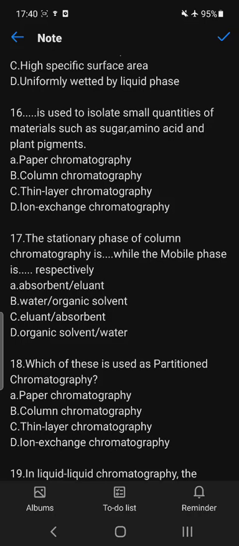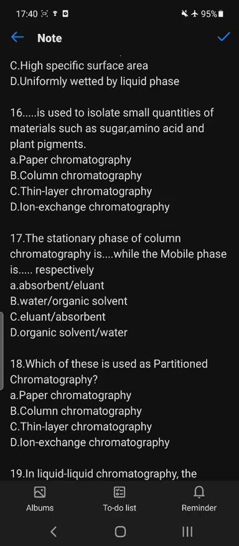Sugar is there, starch is there, activated alumina is there, calcium carbonate is there, which means that calcium carbonate, sucrose, and activated alumina are examples of adsorbents that are used as stationary phase in column chromatography. Then the mobile phase is actually eluent.